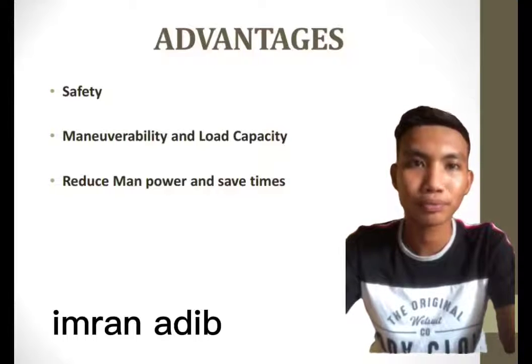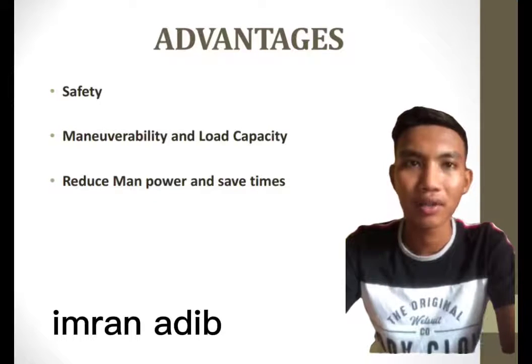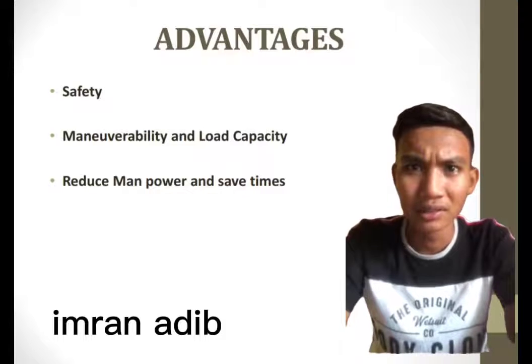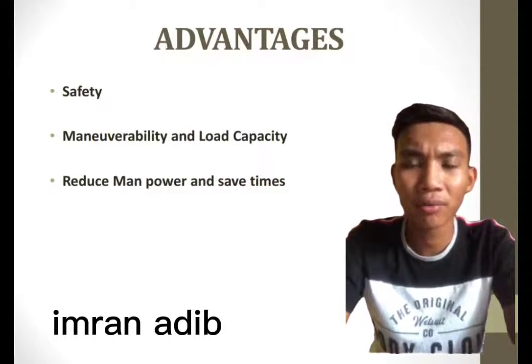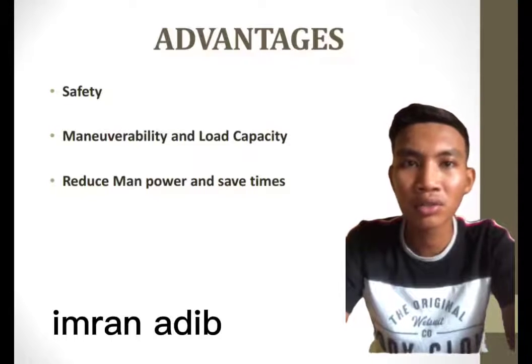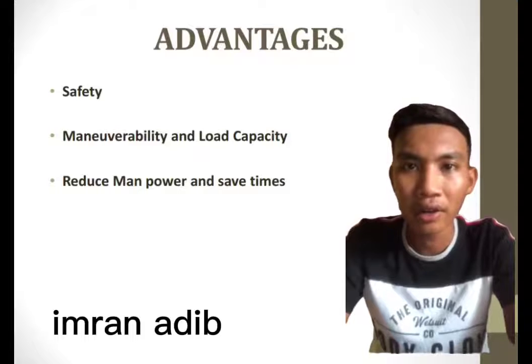Okay, number two, maneuverability and load capacity. Forklifts are one of the smallest drivable pieces of machinery. They are compact enough to fit in relatively small areas and easily maneuverable to turn in various directions.